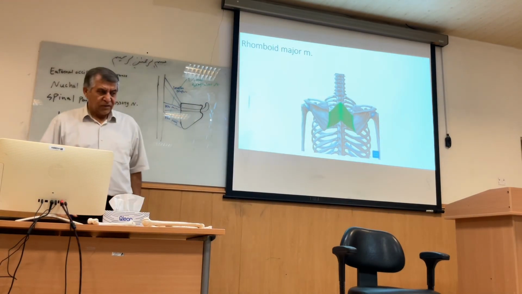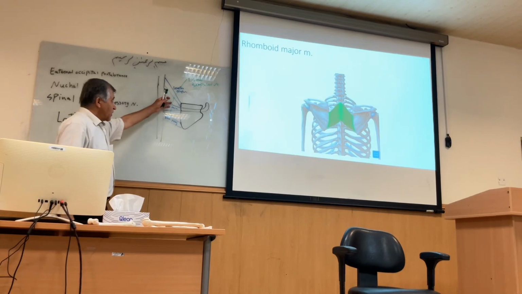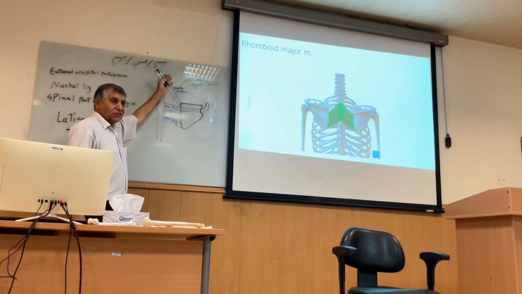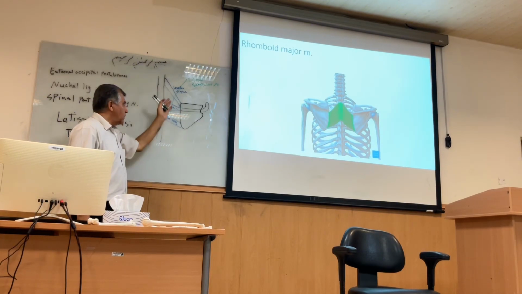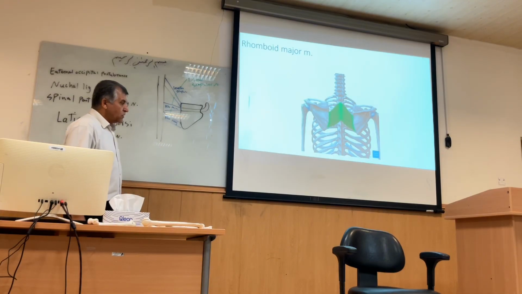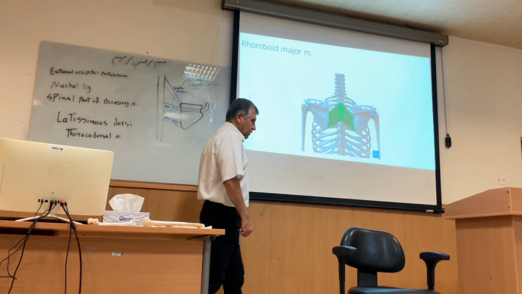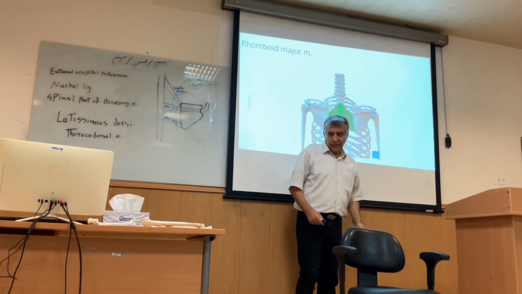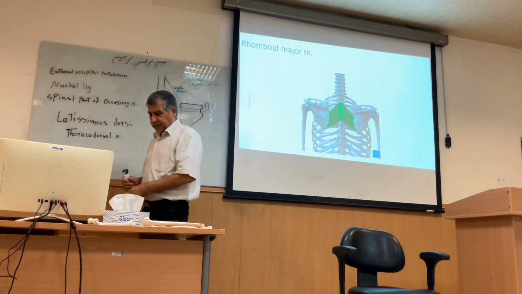Retraction of the shoulder. Levator scapula elevates the shoulder, elevates the scapula. Rhomboid minor and major retract the shoulder. Okay?